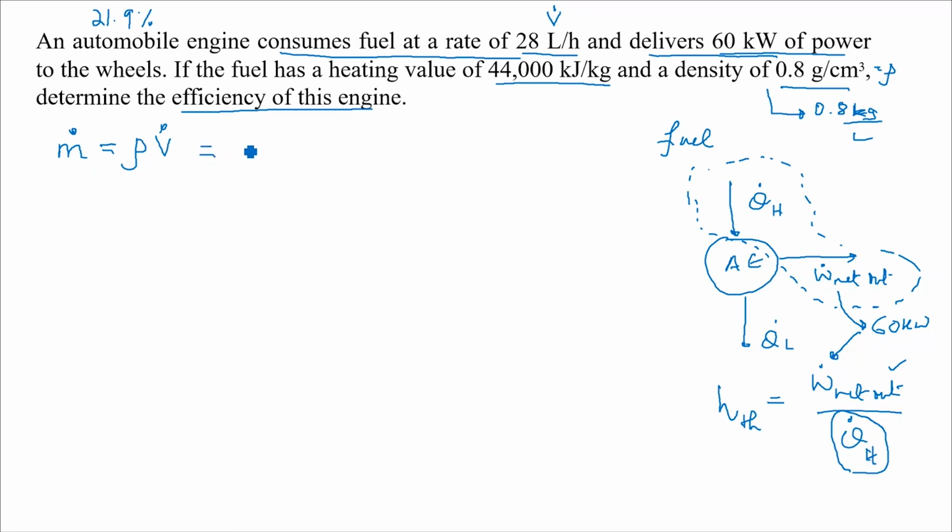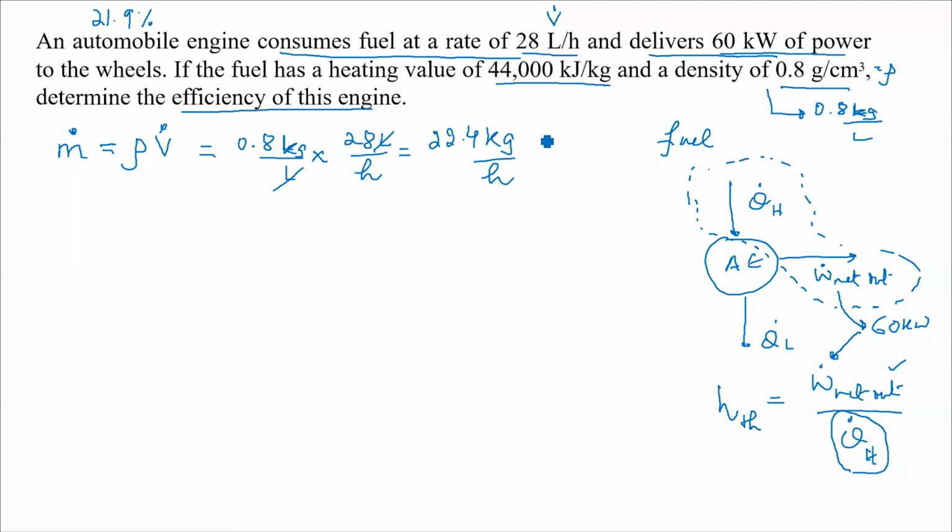Density I know is 0.8 kgs per liter, multiplied by the volume flow rate, 28 liters per hour. The liters would cancel out. What is 0.8 times 28? Sir, 22.4. So this is 22.4 kilograms per hour.